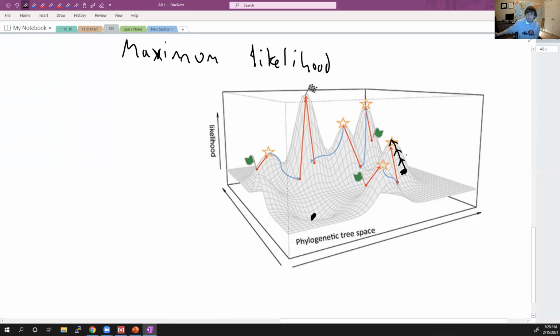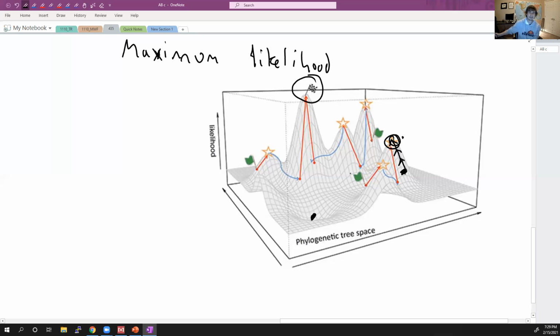And then we change some branches again, but what we do is we reach a local optimum, right? Within all of tree space, this tree is pretty good, but our optimal tree is over here. And so this is the tree that we want to find in all of tree space.